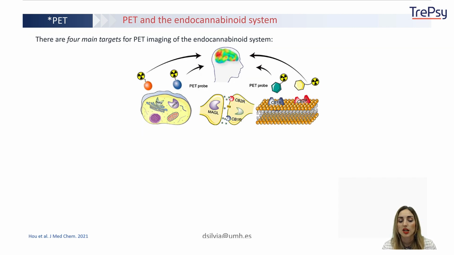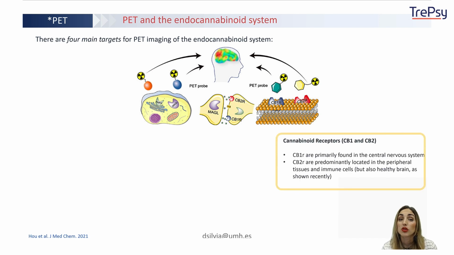Okay, let's go now a little bit deeper into the targets of PET imaging, specifically for the endocannabinoid system. We say that the targets are mostly receptors or enzymes. Probably the most accessible ones are the cannabinoid receptors, CB1 especially, but also CB2.